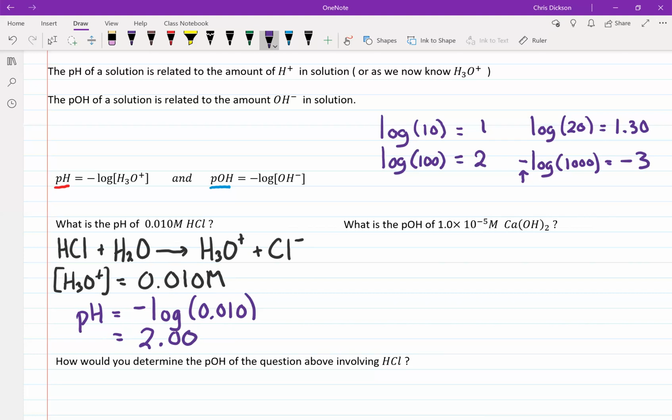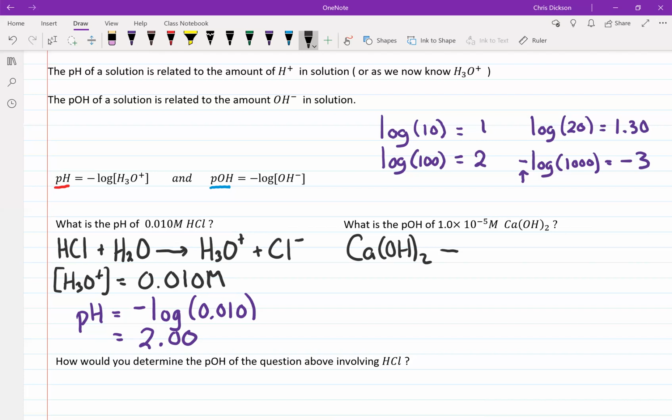Okay, so let's say the question was, what is the pOH of 1.0 times 10 to the minus 5 calcium hydroxide? Now, calcium hydroxide, this is not technically how we would write a Brønsted-Lowry base, but although calcium hydroxide has low solubility, we're being told that the solution is 1 times 10 to the minus 5 molar, which means that's the amount of salt that has dissociated in solution.